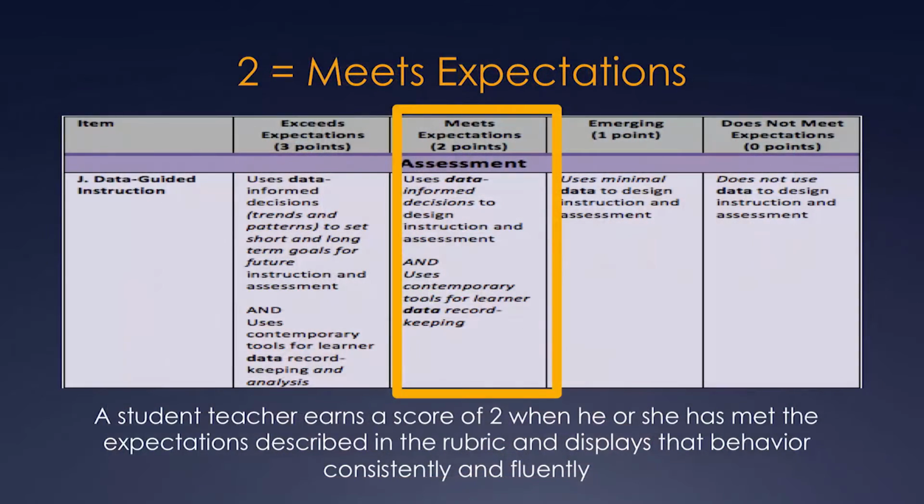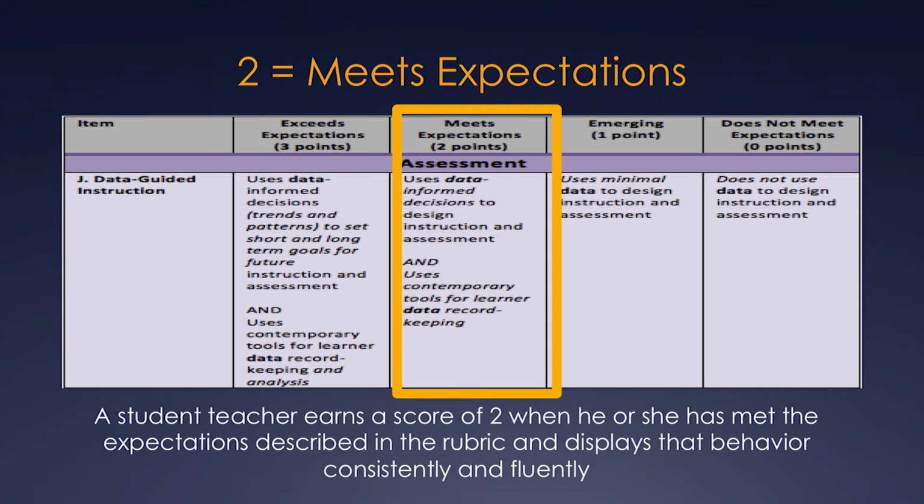Returning to the form, a student teacher earns a score of 2 on a row if he or she met an acceptable level of performance, as described. A Level 2 score means a student teacher is proficient at a given skill and has demonstrated that he or she is able to independently use that skill in a P12 classroom at the level expected of any entry-level teacher.